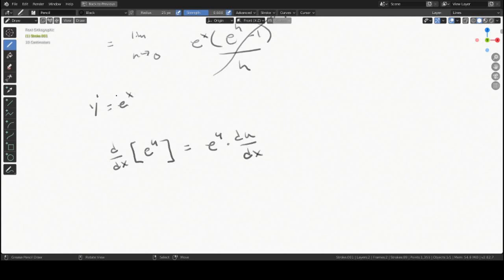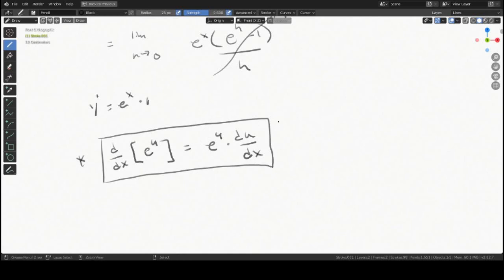Now, in this case over here, du dx would just be the derivative of x, which is 1. So this is the general formula for the derivative of e to the u, and this is the one that you'll need to memorize.